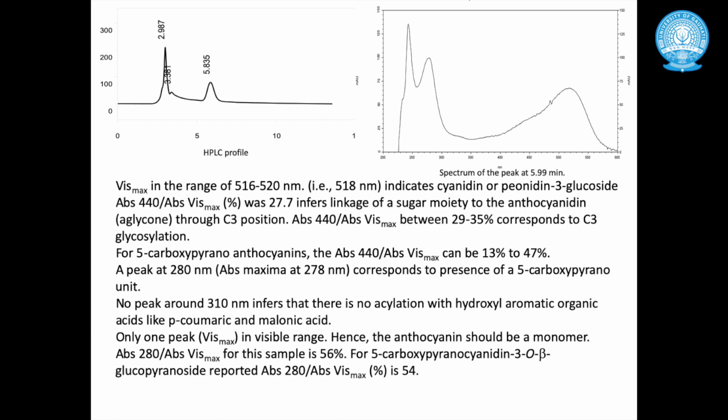But in this profile we do not see any peak in between 400 and 450, which means that there is no acylation. So the compound we have got here is an anthocyanin molecule which is non-acylated.